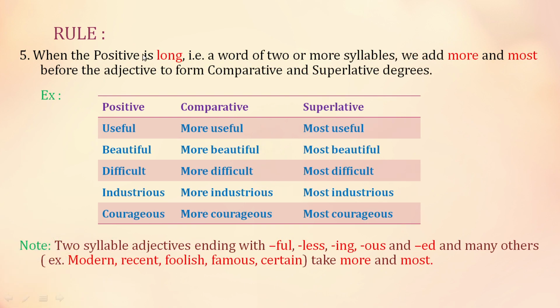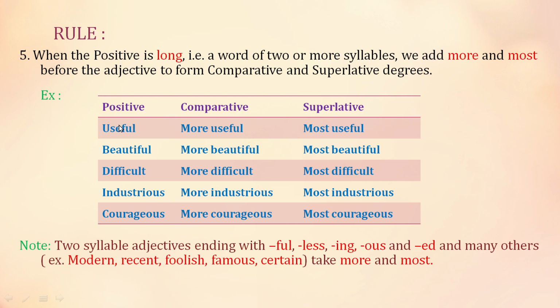Next, when the positive is long, when it is a big word, that is a word of 2 or more syllables, we add before the adjective more and most. Before the adjective we have to add more and most to form comparative and superlative degrees.